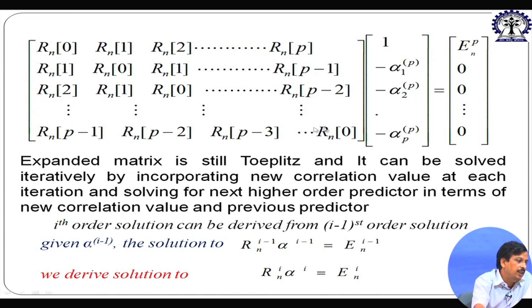Now, if I want to solve this matrix, it shows that if I use the Levinson recursion, the ith order solution can be derived from the (i minus 1)th order solution. Suppose p is the number of predictors that I want, the order of the predictor is p.